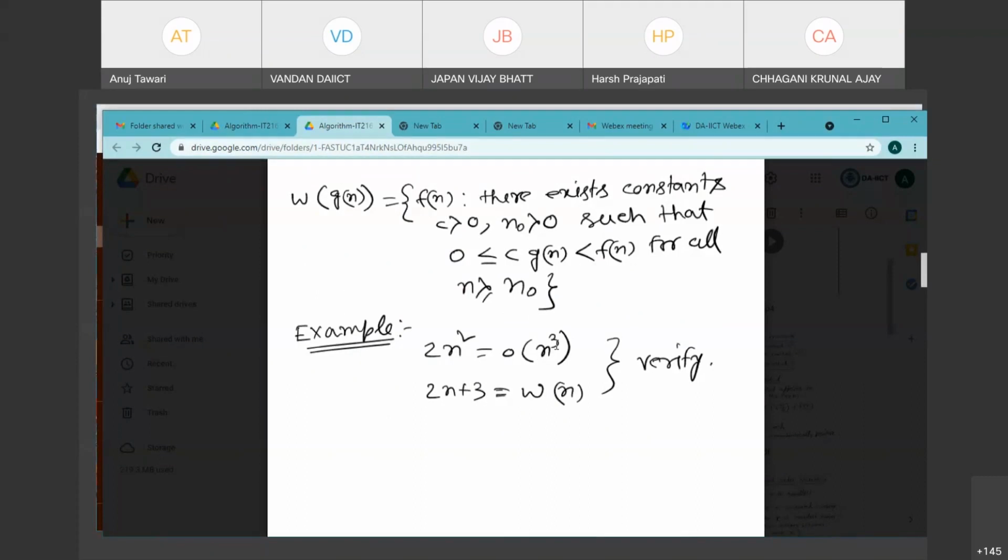Sir, because for C equals 2, 2n square is always less than 2n cube for n more than 1. Yes. Yeah, that's correct.